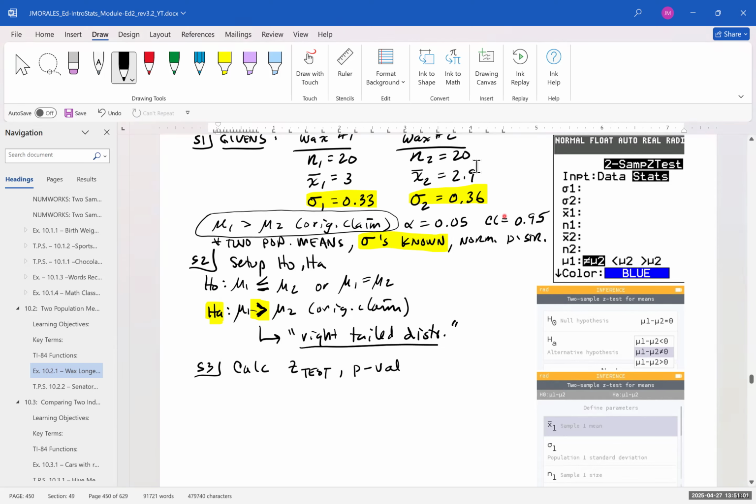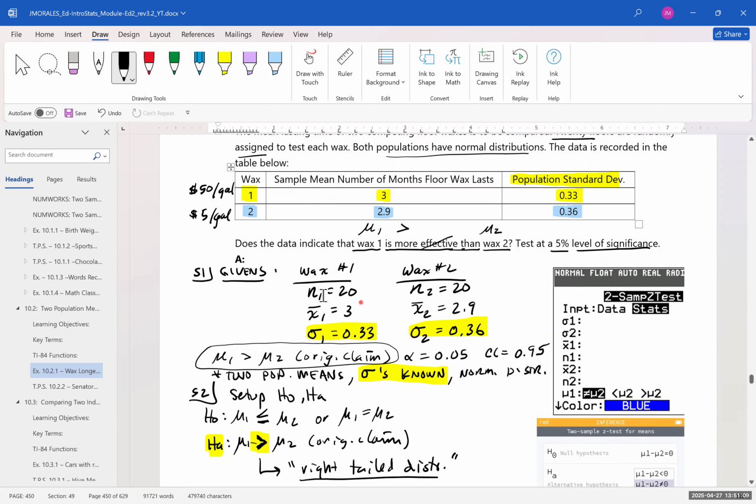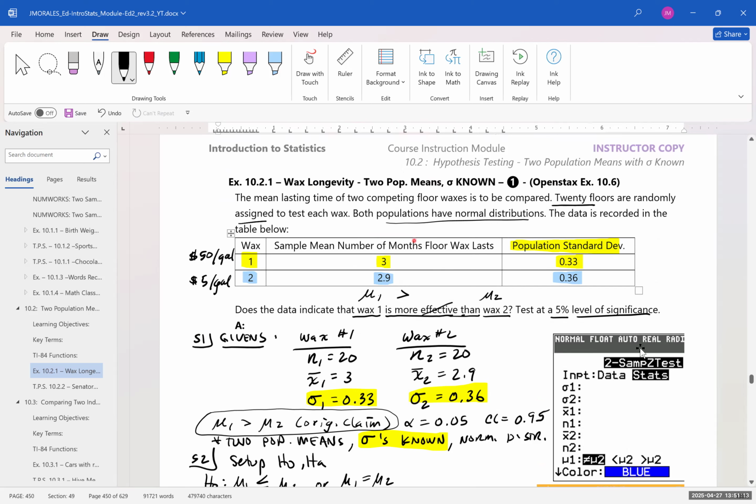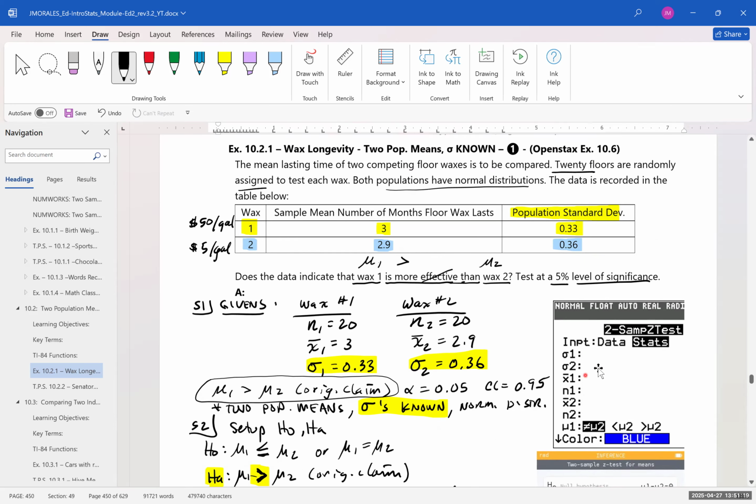All right, so it's important that you write these down and you really pay attention to how we've labeled things. Because I guarantee you, if you don't label the values like this, and you try and get it based off of the information in the word problem and just dump it into your calculator, it's going to be too easy to get these values reversed. And if you get these values reversed, guess what?